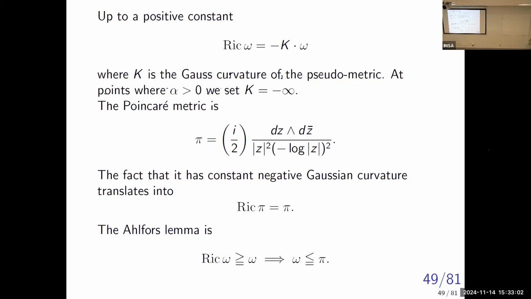That's the usual Gauss curvature of the pseudometric. And at points where you have ramification, you set it equal to minus infinity. The Poincare metric is this. Constant negative Gauss curvature translates to the Ricci form of the Poincare metric equals the Poincare metric.